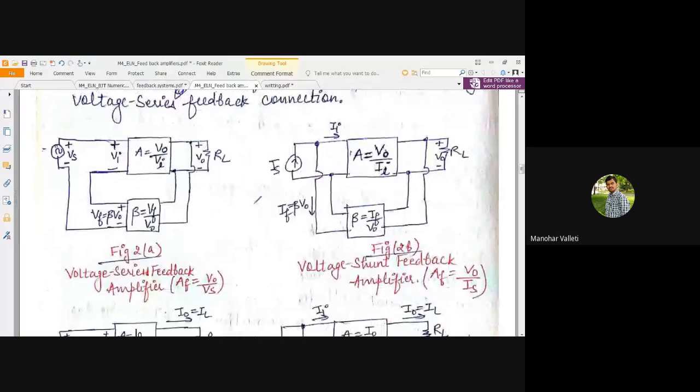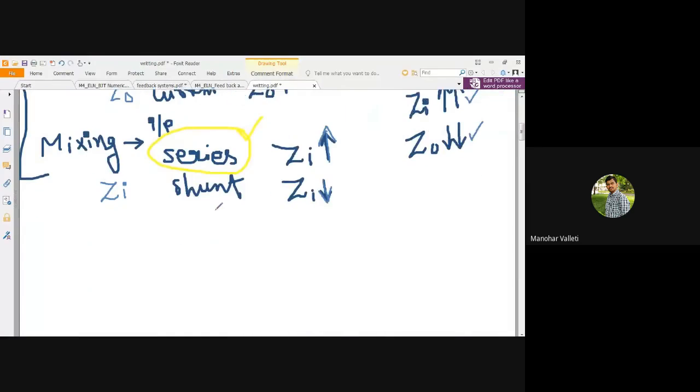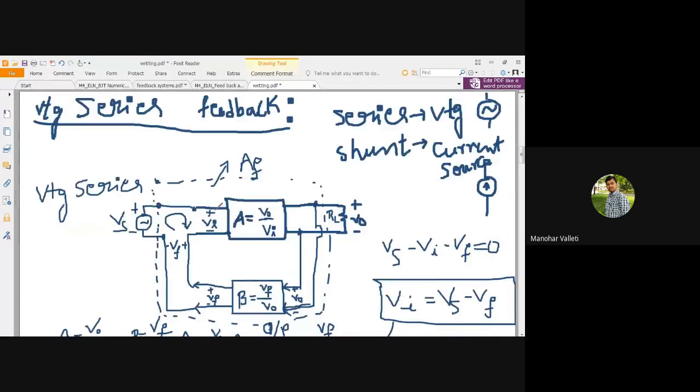Now we'll see the voltage series feedback. Let's see voltage series feedback. So this is the connection.